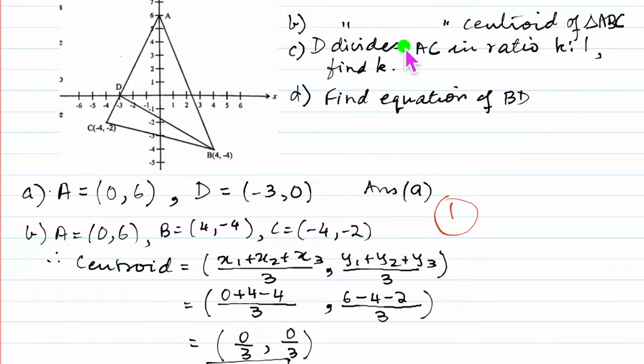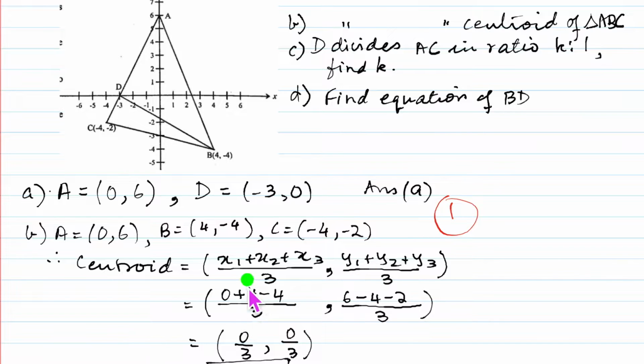Our part B asks us to find the coordinates of centroid of ABC. Now centroid of this triangle, the formula goes (x1 plus x2 plus x3) upon 3, (y1 plus y2 plus y3) upon 3.